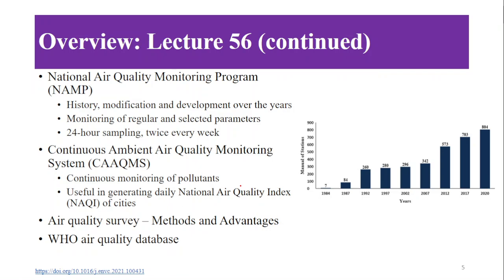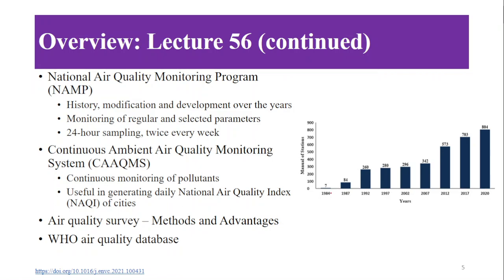Next was the National Air Quality Monitoring Program, in which the history, modification, and development of this program was discussed. This plot shows the growth of the different stations in the different parts of the country, which were added over the years.